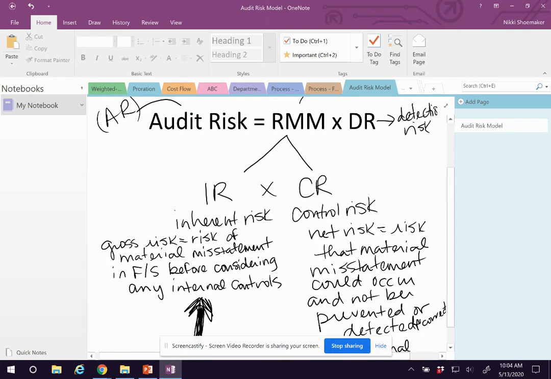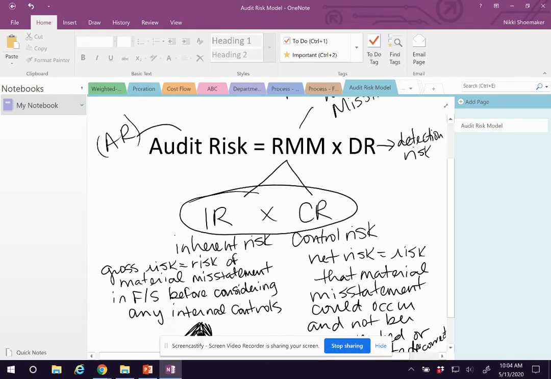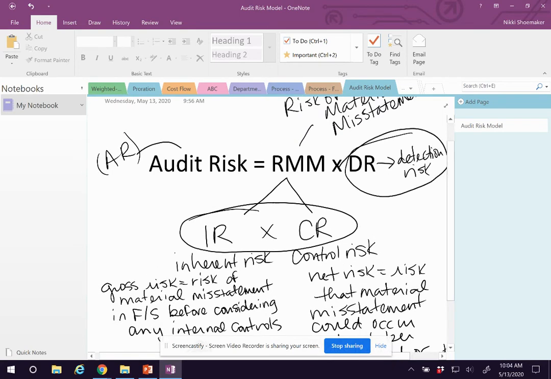Now, the auditor has no control over inherent risk and control risk. Those are under the control of management. They are the ones that decide what happens, what their risks are, and how to develop internal controls in response to those risks. Okay? Now, what we haven't talked about is detection risk.